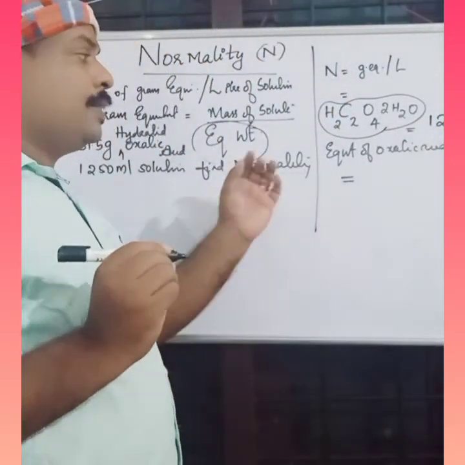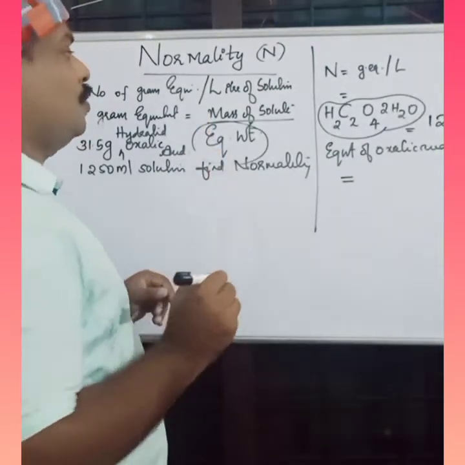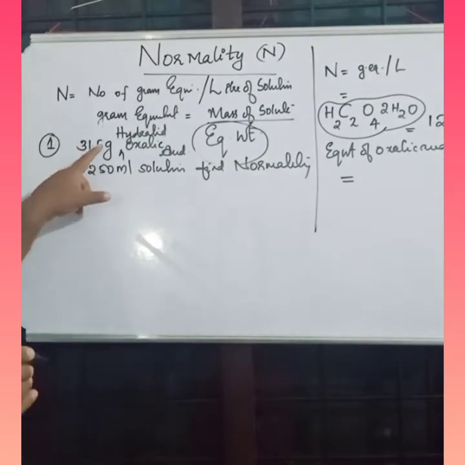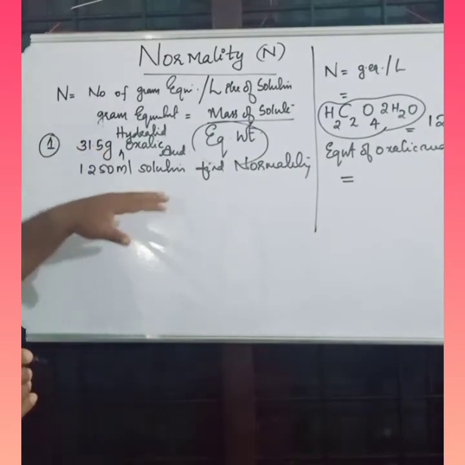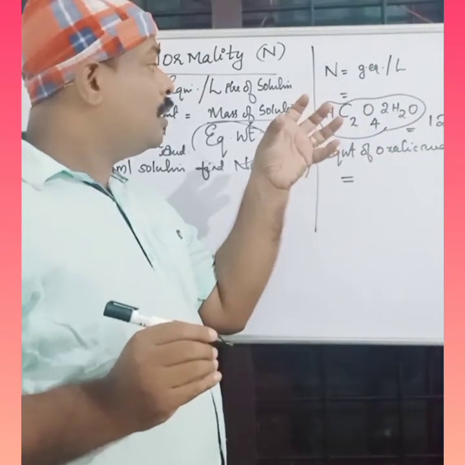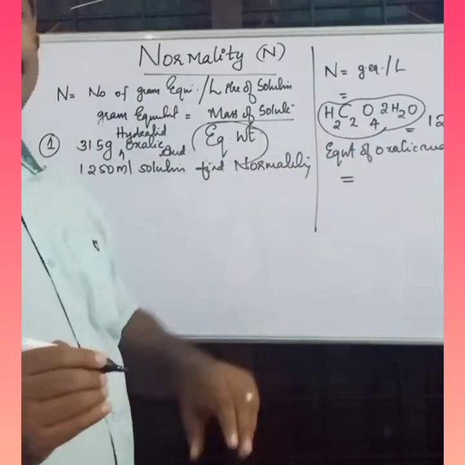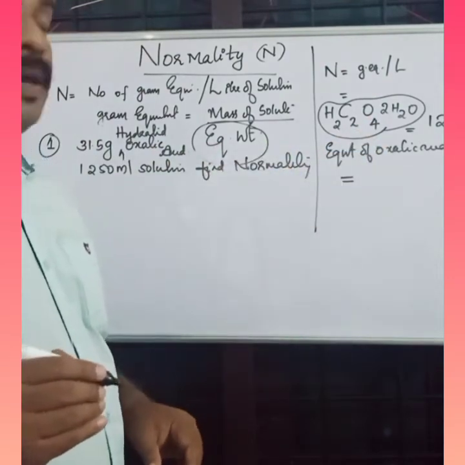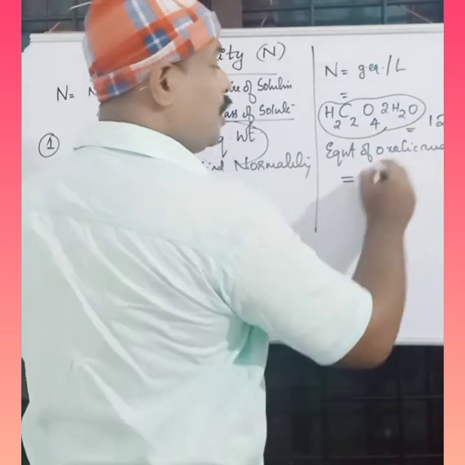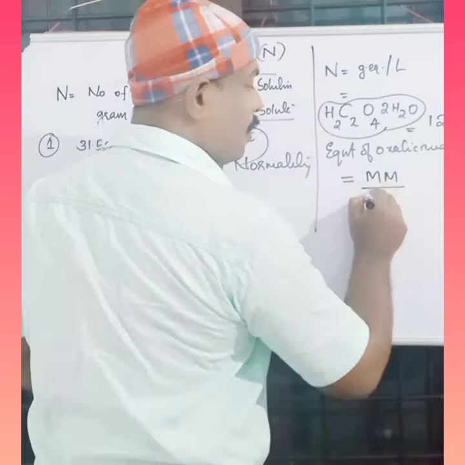Then what is the equivalent weight? The mass of solute is 31.5. The equivalent weight of oxalic acid is equal to molecular mass divided by its basicity.